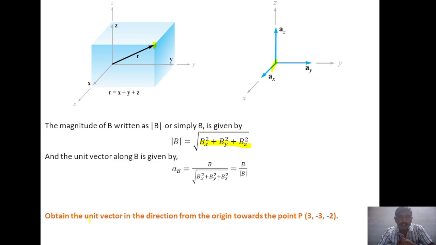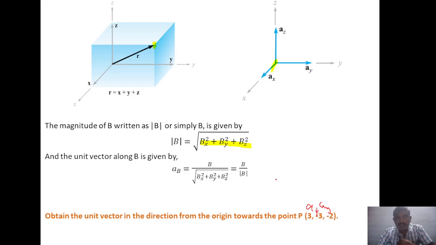Here, take this down: obtain the unit vector in the direction from the origin towards the point P (3, -3, -2). In this problem, they have given x as 3, y as -3, and z as -2.